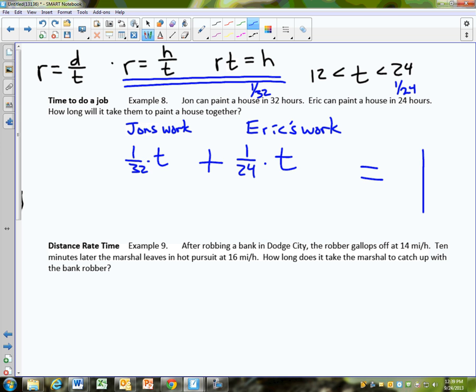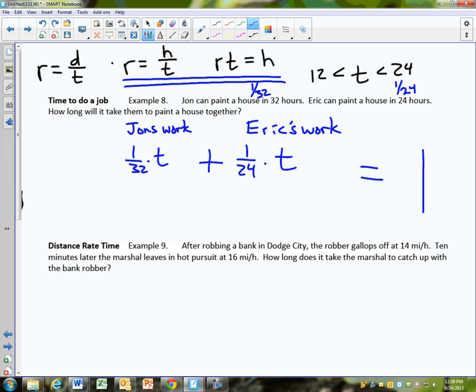If they're painting the house together, it will take them the same amount of time. True. For example, let's say that Caitlin and I both make cookies, and let's say that she makes 100 cookies in an hour, and I make 2 cookies in an hour because I'm really slow.